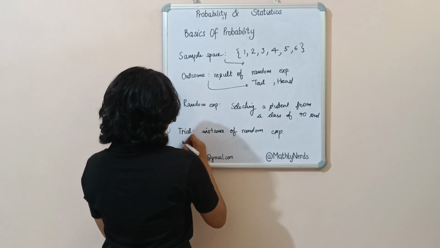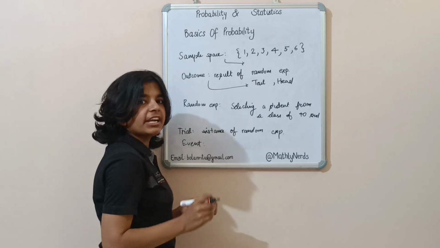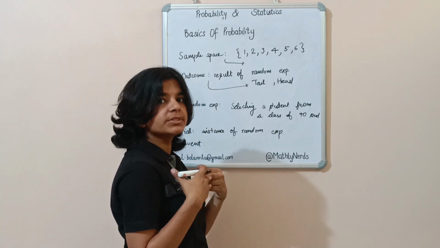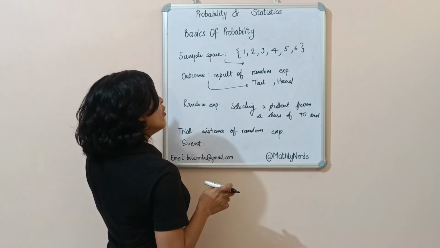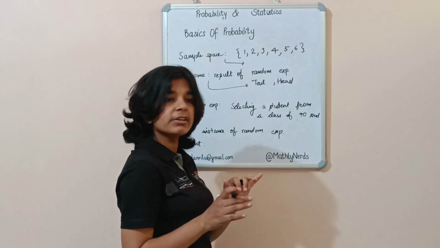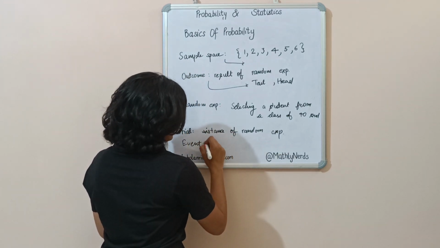Our next term is an event. Event is a set of our favorable outcomes which is a subset of our sample space. For example, I want to get an odd number when I roll a die. So what will be my event?